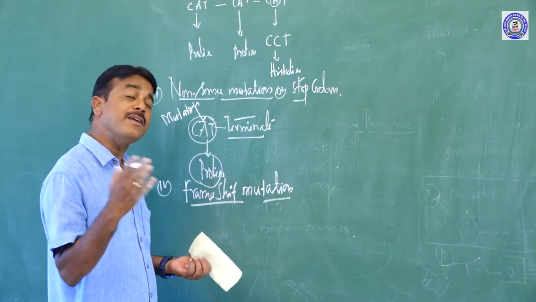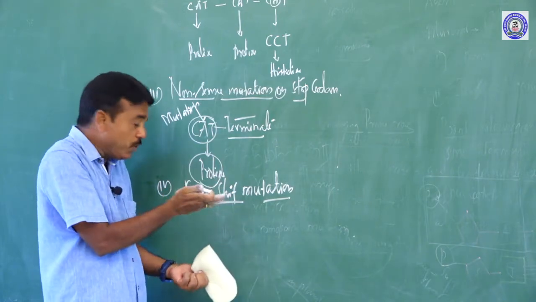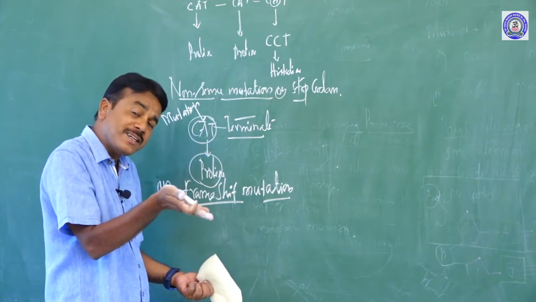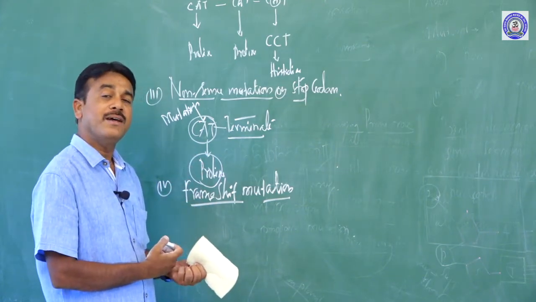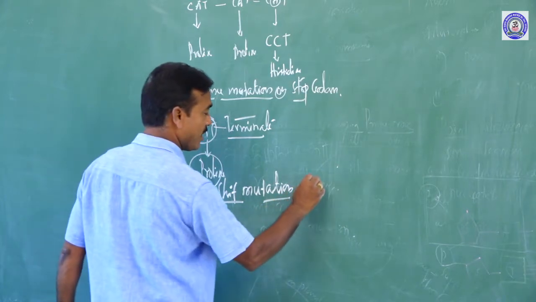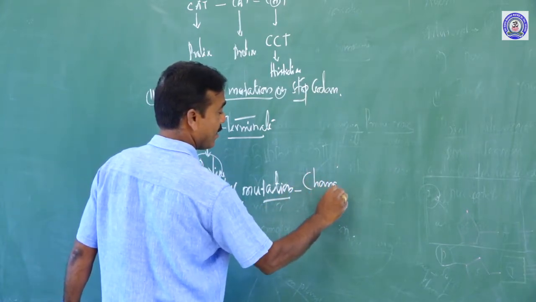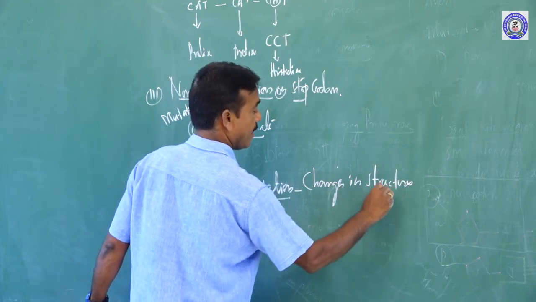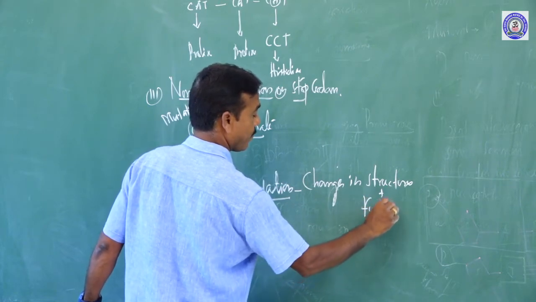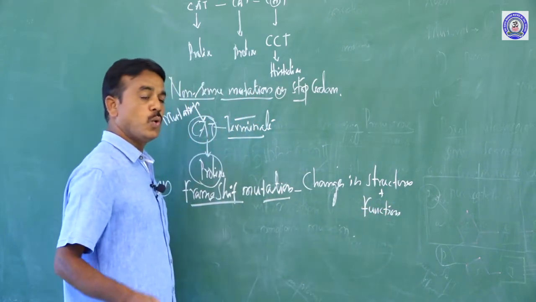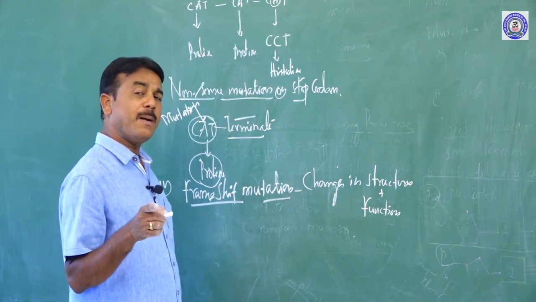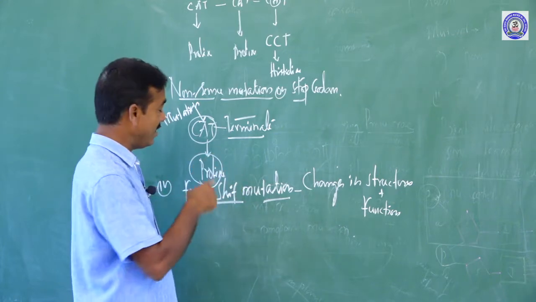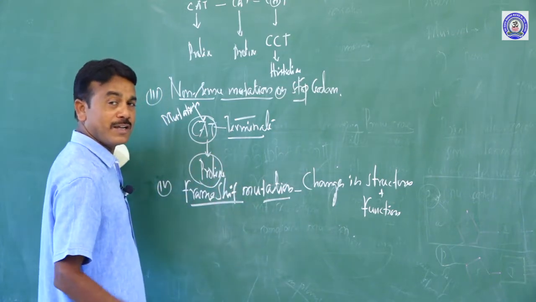If this happens repeatedly, it changes the usual frame. If the usual frame changes through insertion and addition, there is a change in structure as well as function. So repeated insertion and deletion alter structure and function, and that is commonly called frameshift mutation. Can I give you an example?